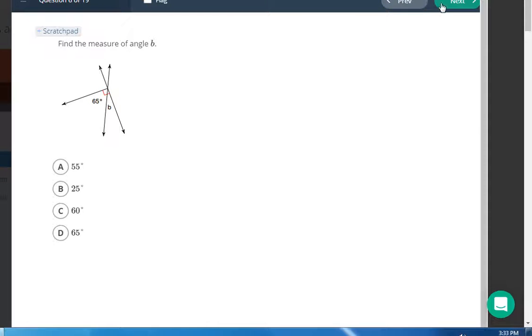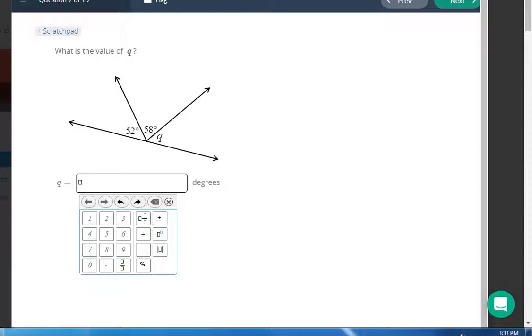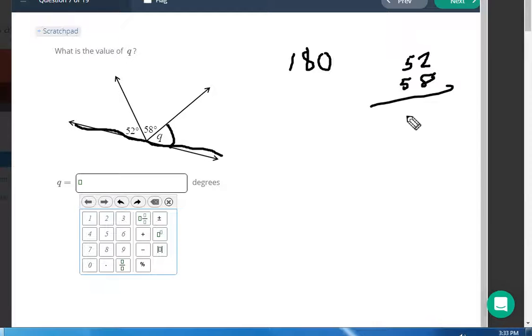Moving right along. We know that this straight line is going to equal 180. So we have two angles that we know, and we're missing this piece. So if we took 52 and 58, we're going to get 110 because 50 plus 50 is 100 and 2 plus 8 is 10.